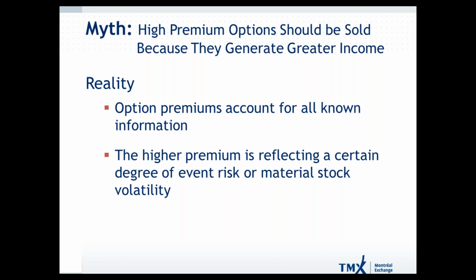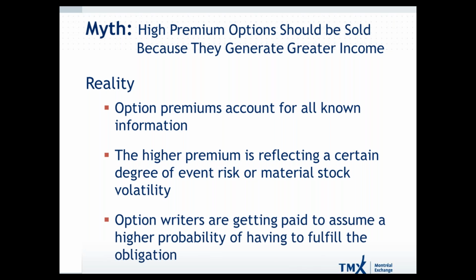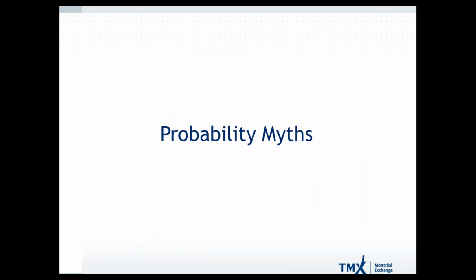If you are doing the covered call strategy on a stock that you own, and you're getting some really good premium for those contracts, it's because the market believes that the stock you're holding is going to be volatile, and that is what's being priced into the actual contract. So essentially, option writers are getting paid to assume a higher probability of having to fulfill their obligation.